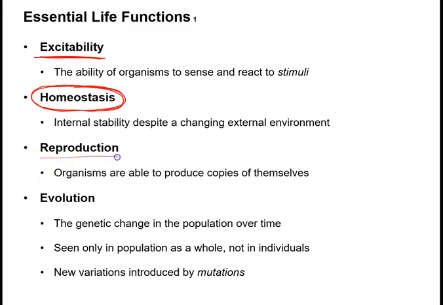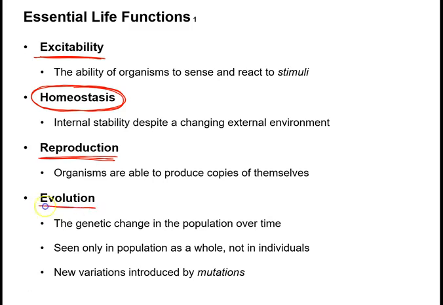An essential life function of human beings is reproduction, being able to produce a copy of oneself. This is not simply reproduction in the terms of producing offspring, but something like your skin cells must divide and reproduce exact copies of themselves.